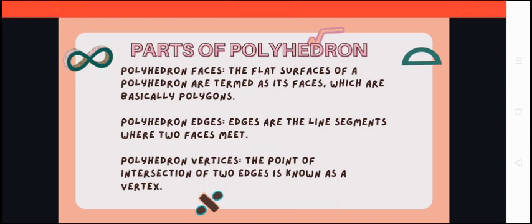The polyhedron faces are the flat surfaces of a polyhedron, which are basically polygons. The second one is the polyhedron edges, the line segments where two faces meet. The third one is the polyhedron's vertices. The point of intersection of two edges is known as a vertex.